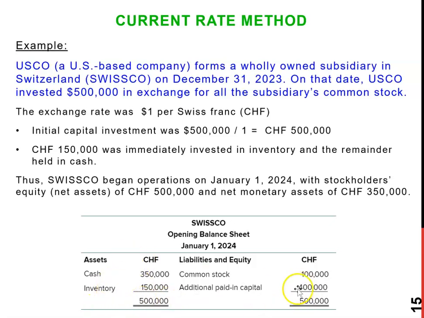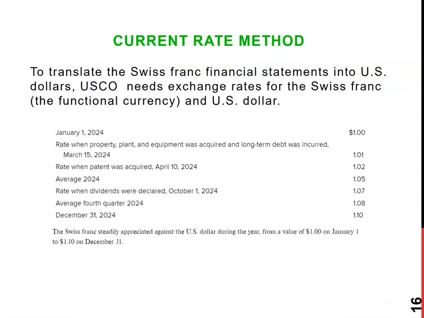On the other side, you will see common stock and additional paid in capital, given as 500,000. Then 1 year passed, you did the business, you have all transactions, revenues, expenses, you purchased assets, you might have dividends and a few other items.